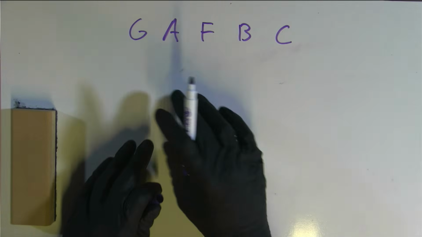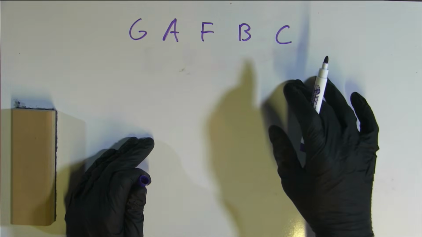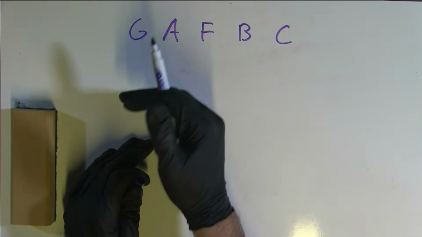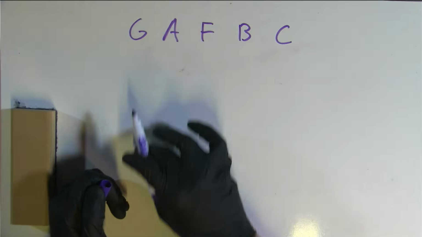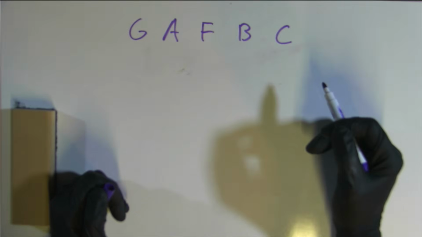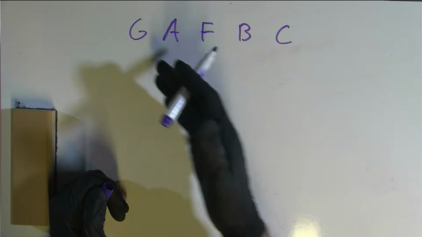Okay, cool. So not only can you read from left to right and right to left, you can also read up to down. And the down thing is the inversion. So what's the inversion of this row?